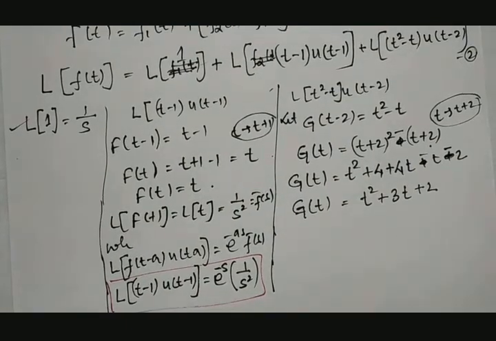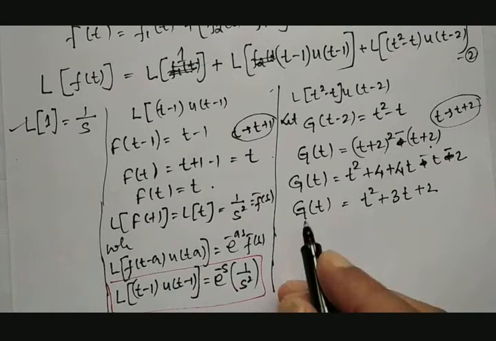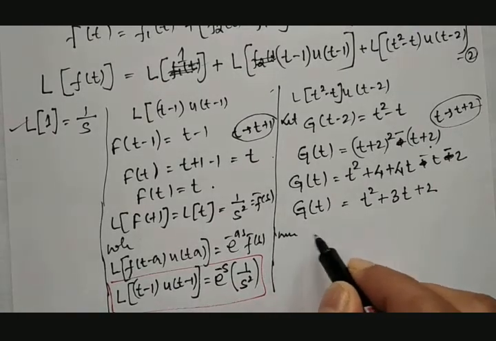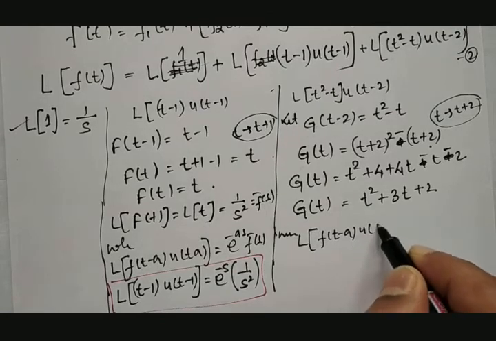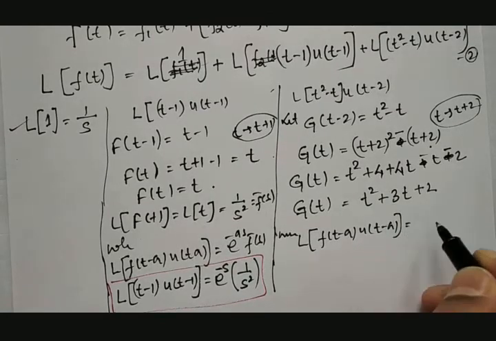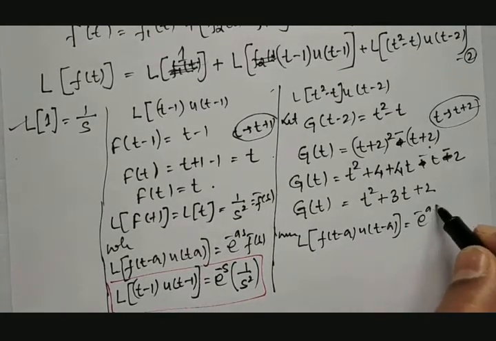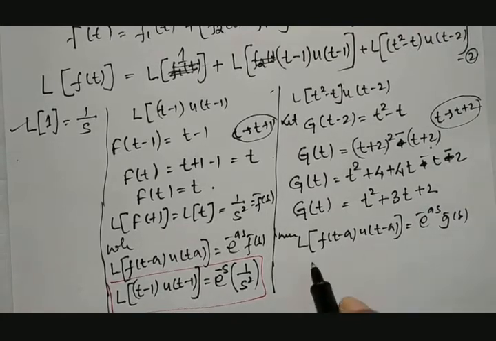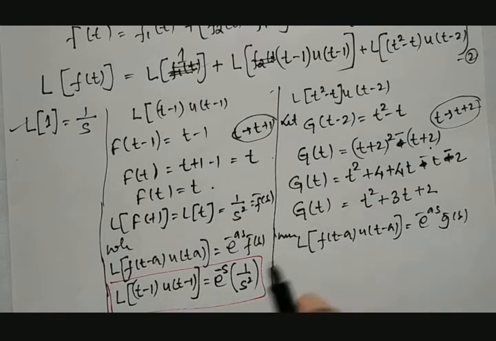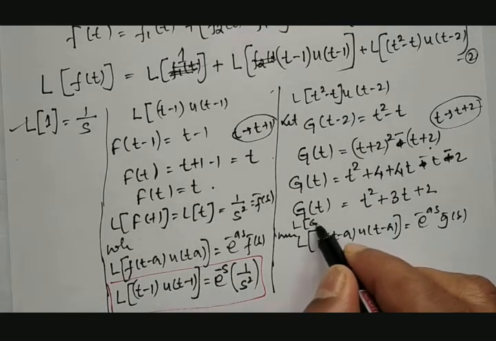Therefore again we have a property, Laplace transformation of f of t minus a into u of t minus a is equal to e raised to minus as into, I'll be taking g bar of s. What is g bar of s? Laplace transformation of g of t.